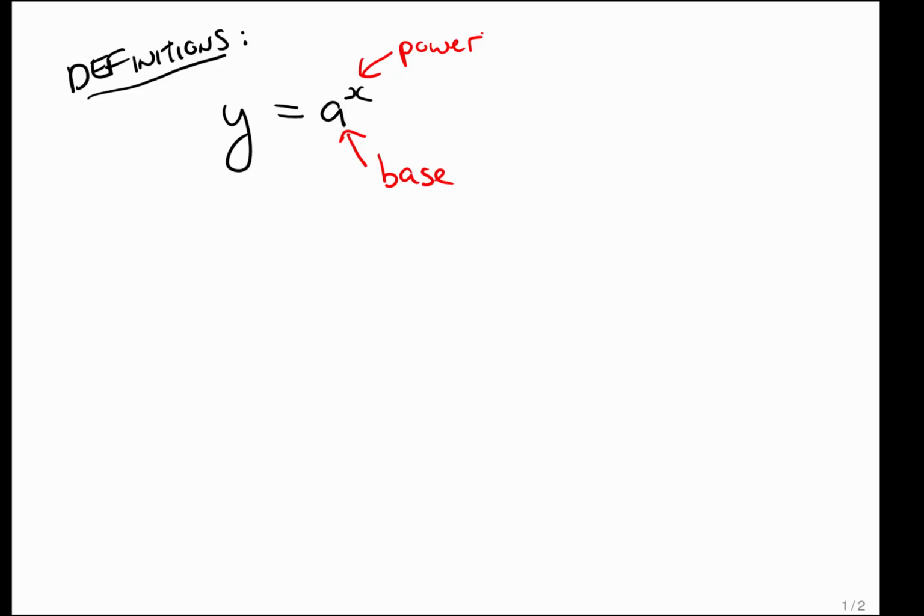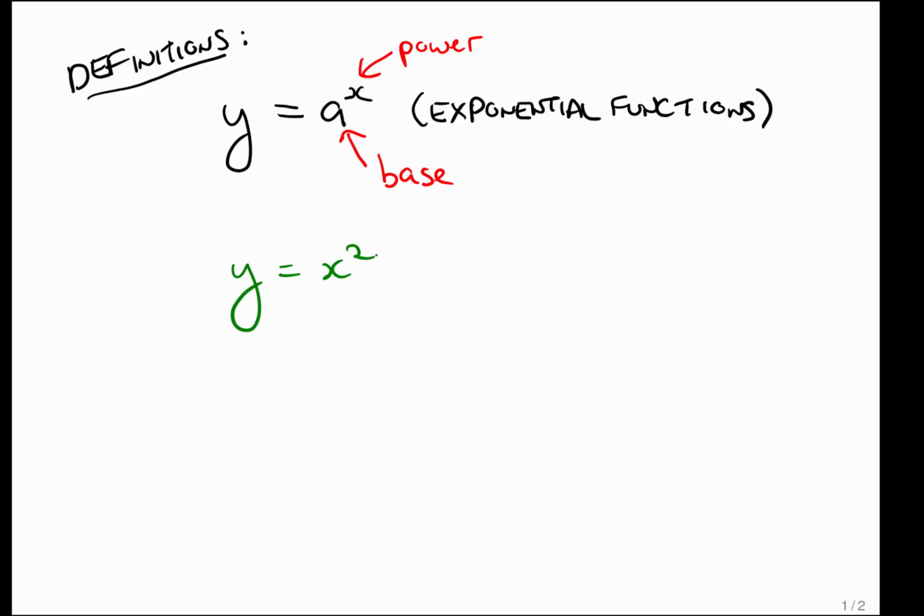These sorts of functions are called exponential functions, and are characterized by the fact that the independent variable, here that's the x, is in the power. This is in contrast to polynomial functions, for instance y equals x squared, where the variable is in the base.